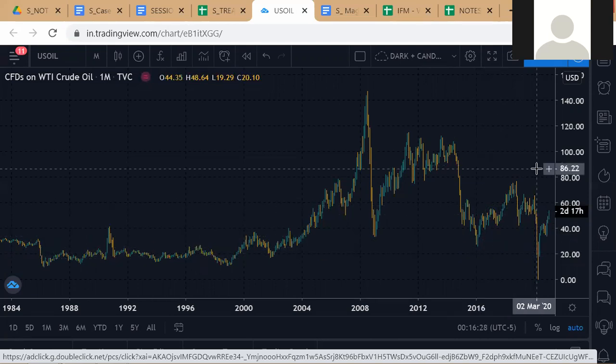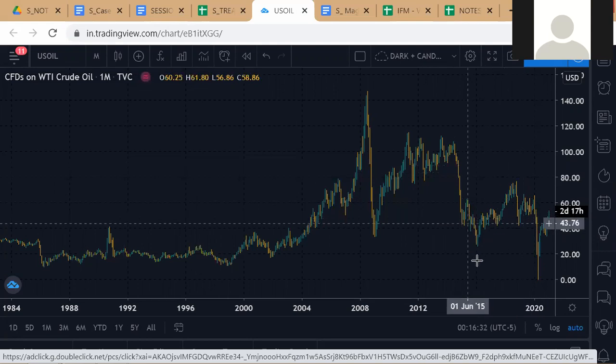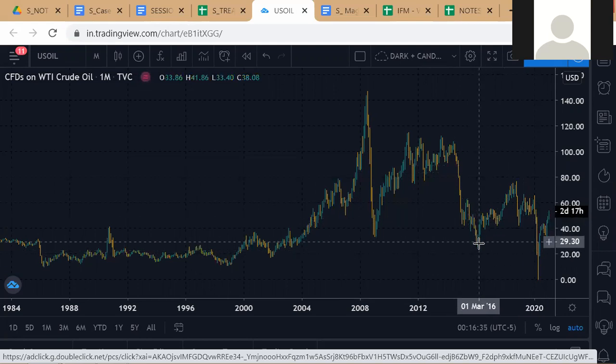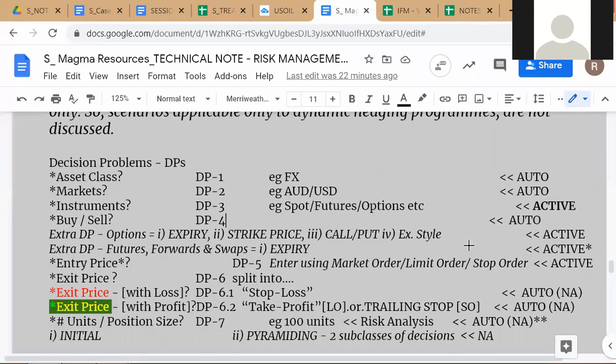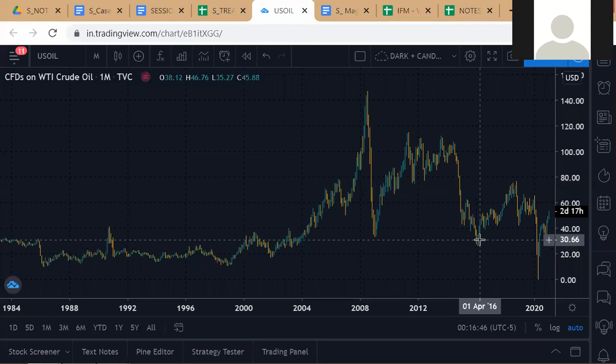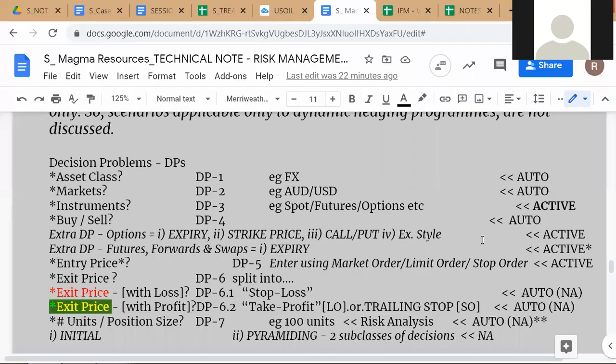So if the price goes to 85, you will be paying 85, not 60. These buffoons are so short-term oriented, they think the objective is to make money. The objective is not to make money, the objective is to reduce your risk. Unfortunately, these are the people taking these decisions for our country, and obviously the whole country suffers.